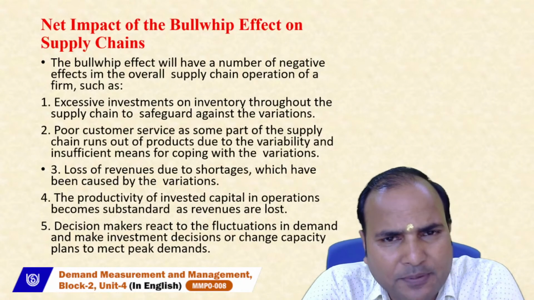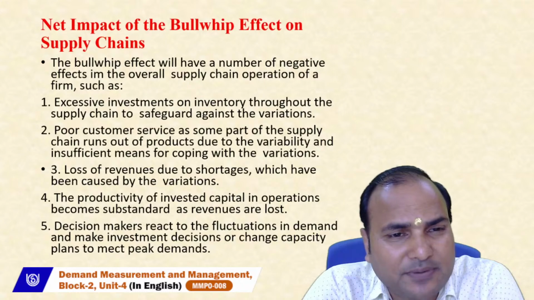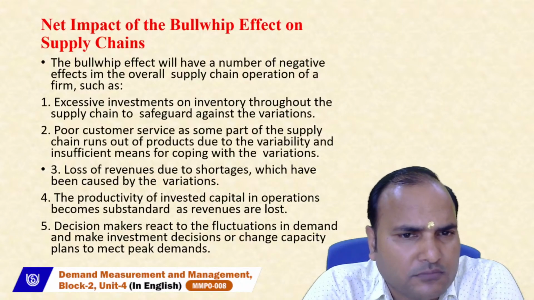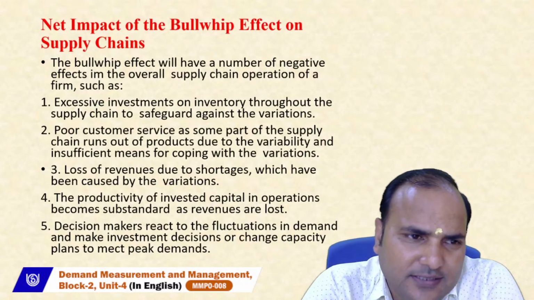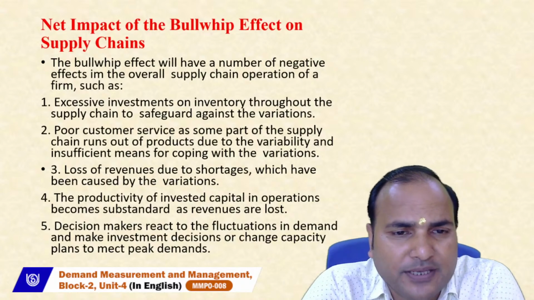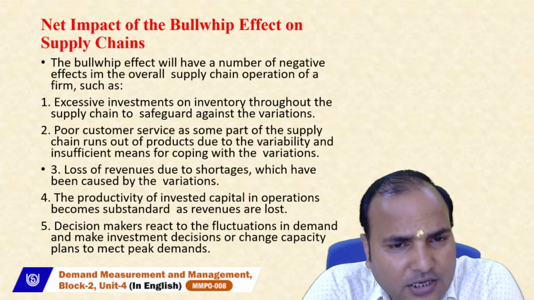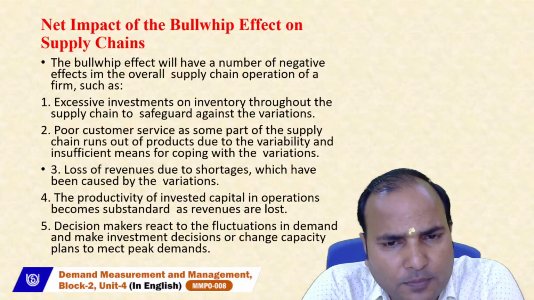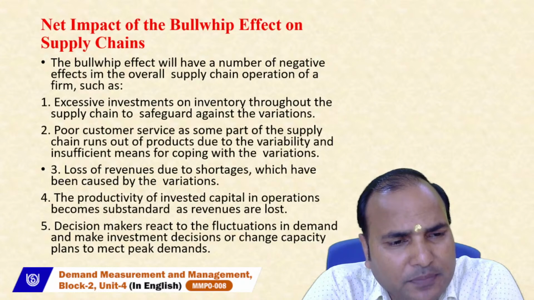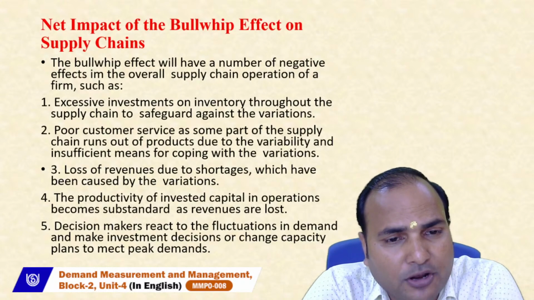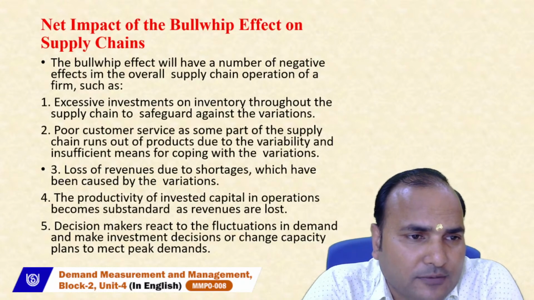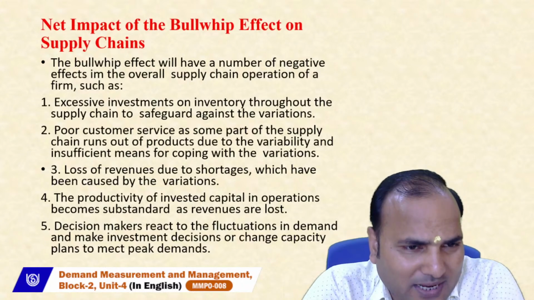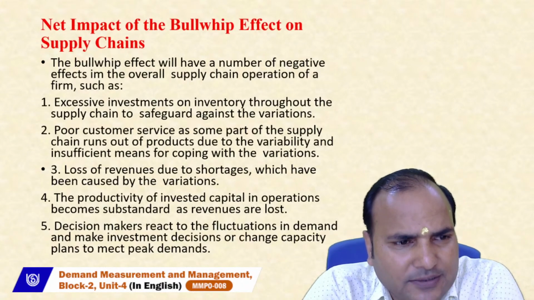So number one negative effect, we can say, is excessive investment on inventory. Second is poor customer service, as some part of the supply chain runs out of products due to variability and insufficient means for coping with the variation. So: excessive investment, poor customer service.